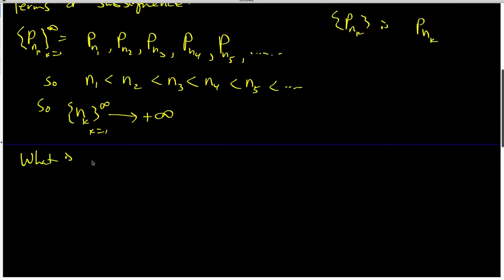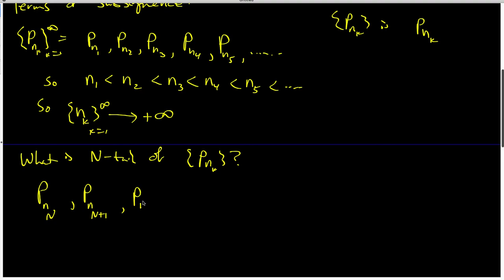So what is a capital N tail of the subsequence look like? Well, a capital N tail of any sequence starts with the capital Nth term. Well, the capital Nth term of my subsequence is p sub little n sub capital N. And the next term will be p sub n sub capital N plus 1. And the next one will be p sub n sub capital N plus 2, p sub n sub capital N plus 3, and so on.